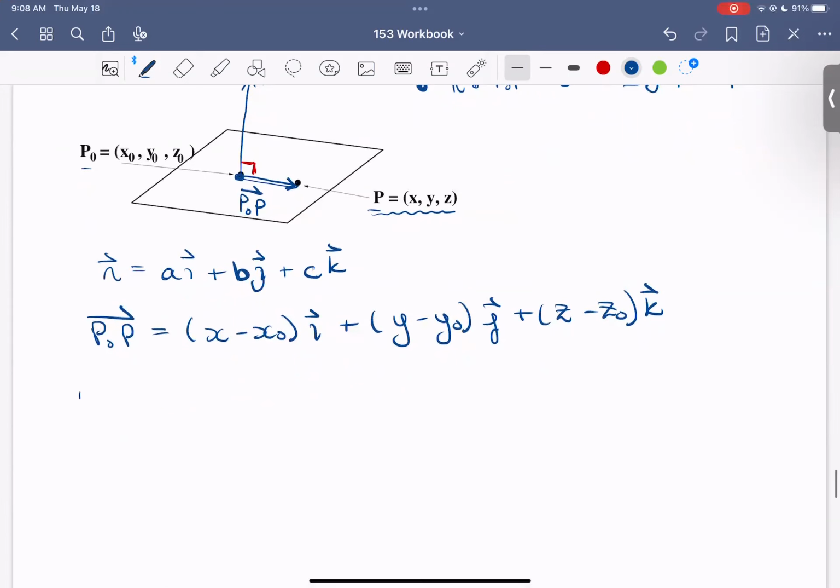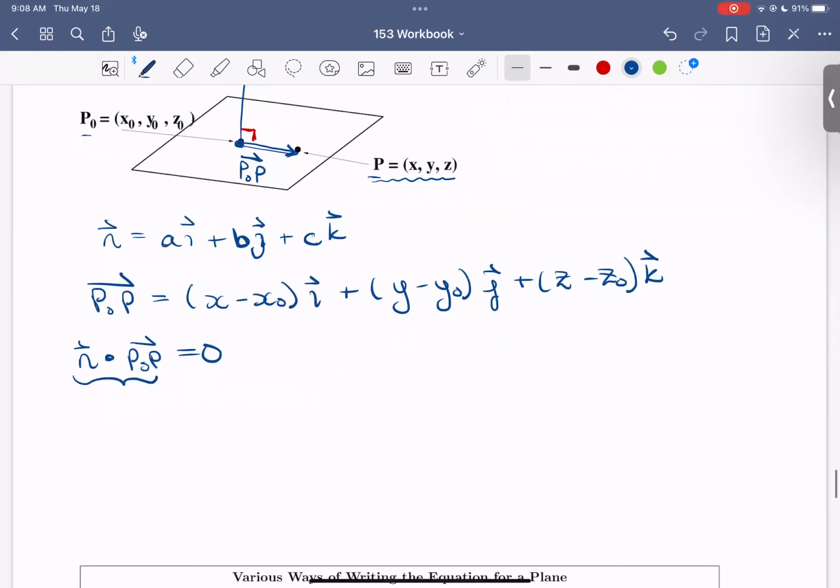And so again, we know that n dotted with the vector P naught P is equal to 0. So let's go ahead and write out what that dot product looks like using these two forms of our vectors. For that dot product, we just multiply components and add together.